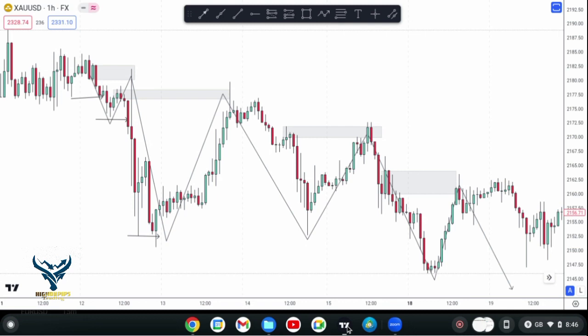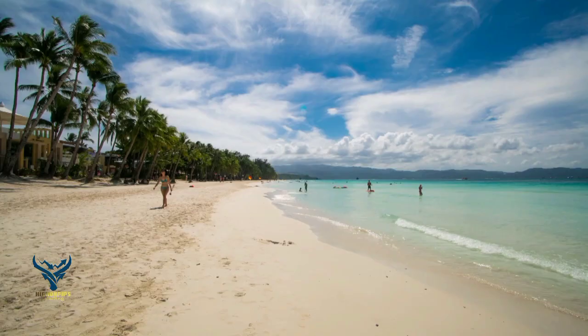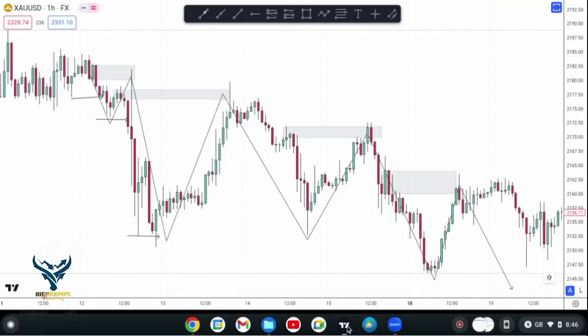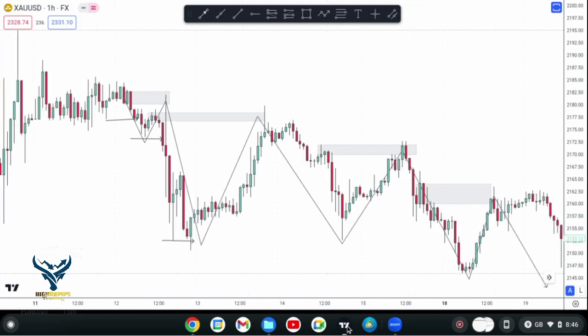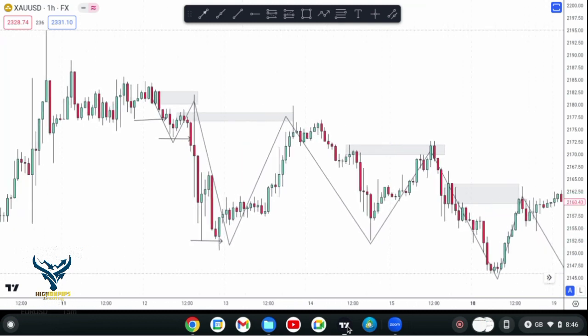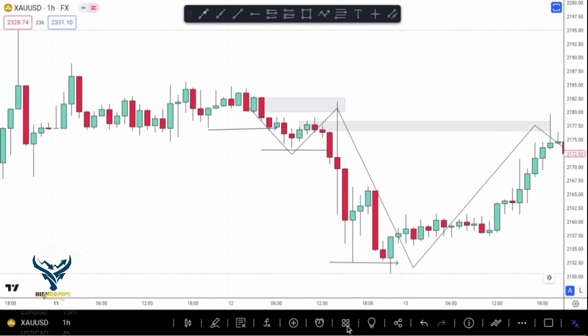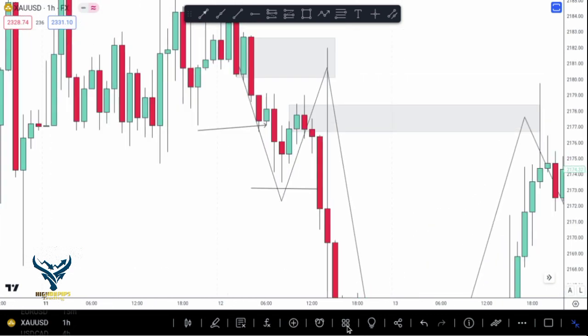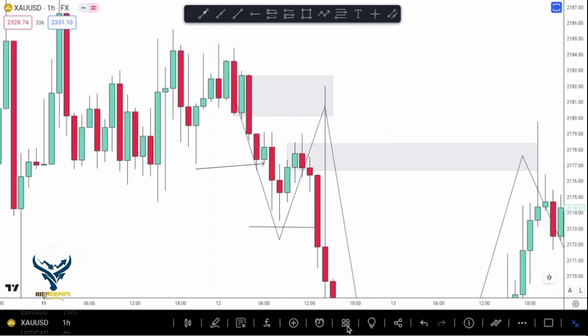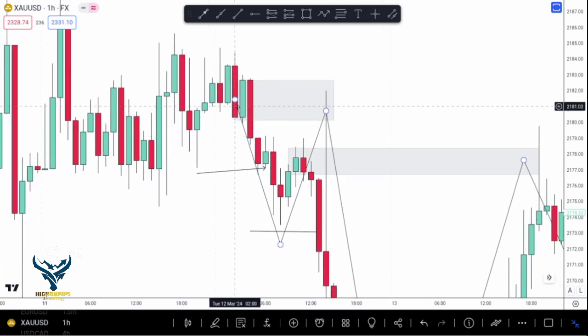Now, this is a selling trend, right? This one is a selling trend. So let us identify an order block. Let's zoom in. Now, if you check, the bearish candlesticks are represented in red.